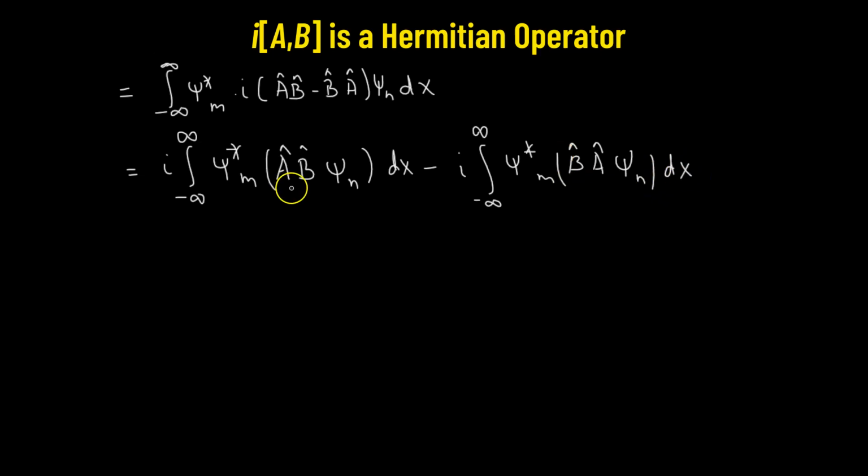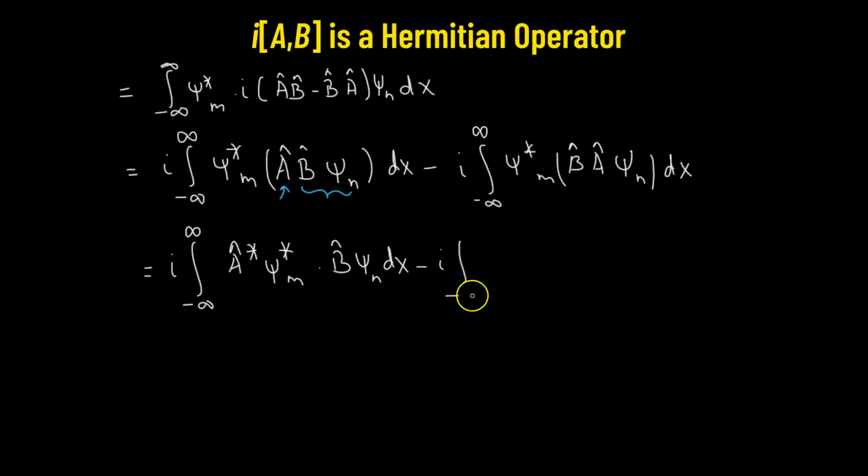Now we will use the definition of the Hermitian operator. Here we see that the operator A is operating on B psi n. So we can rewrite it as i times the integral from negative infinity to positive infinity of A star operating on psi star m, times B psi n dx, minus i times the integral where the operator B operates on A psi n.